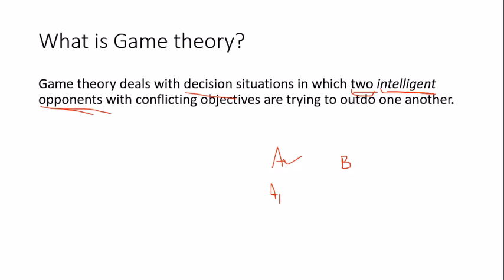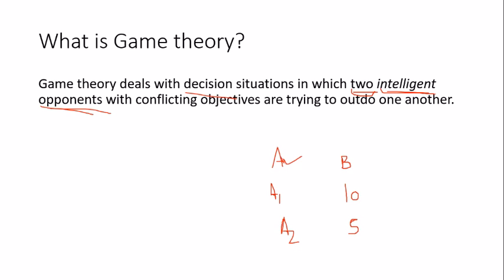If A uses strategy A1, then say B gets a profit of $10, and if A uses strategy A2, then say B gets a profit of $5.